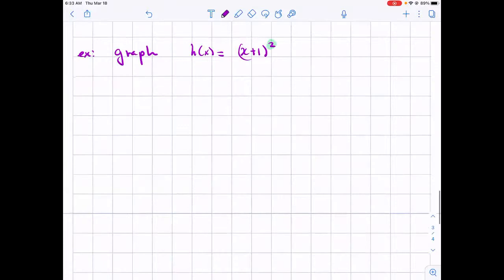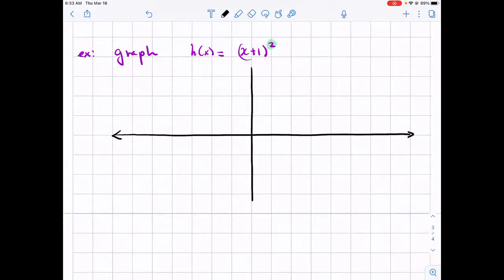So I will let you create the table on your own, I will just draw the difference in the graph so you can see what's happening here. You know that the graph of x squared would look like this. This is the graph x squared.